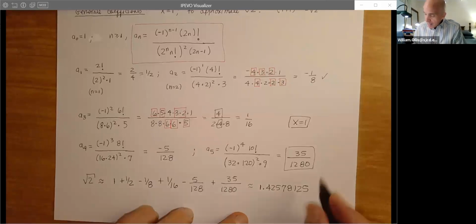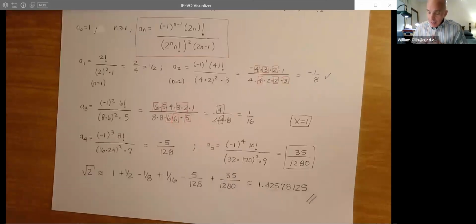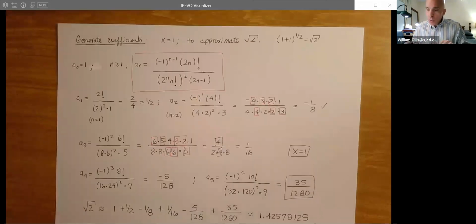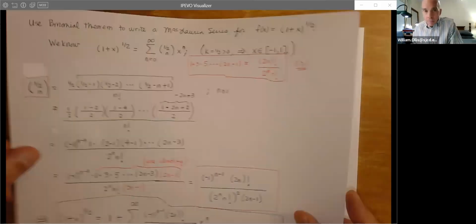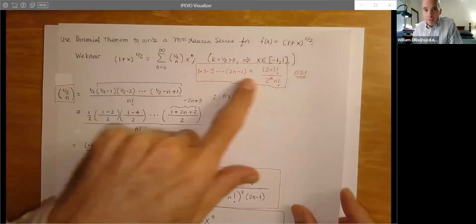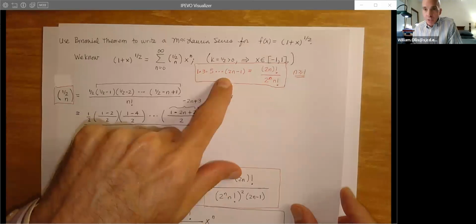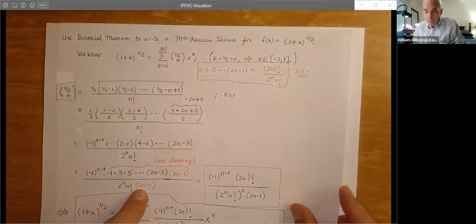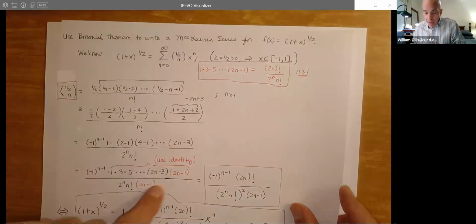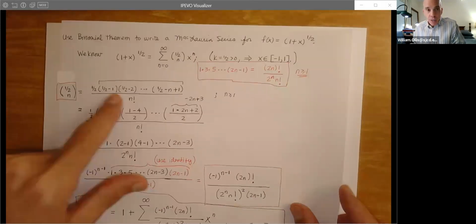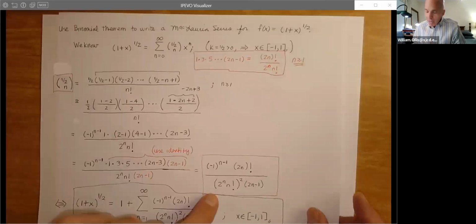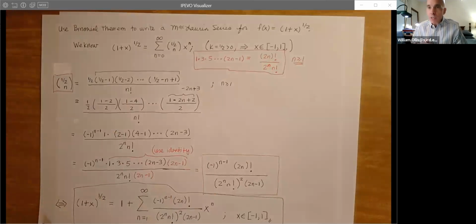So the idea here is that when you do the binomial theorem, you use, if you need it, your identity for the string of odd integers, and just the basic definition of the binomial coefficient to rewrite the binomial coefficient in a more user-friendly way.